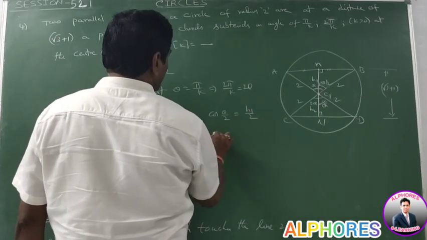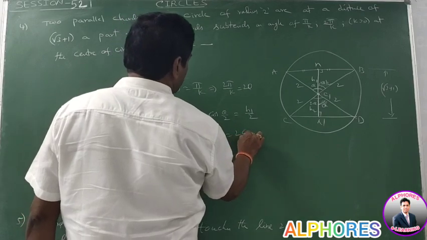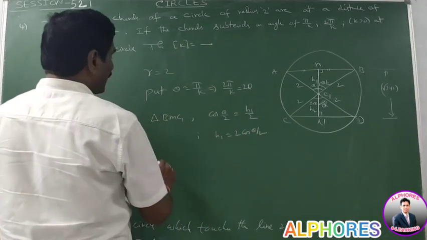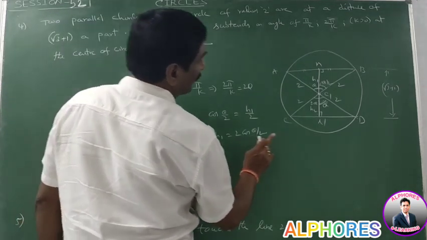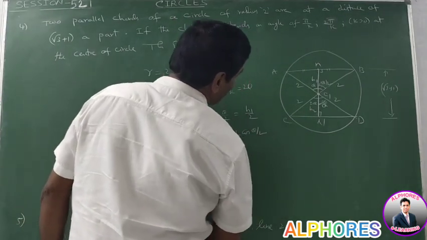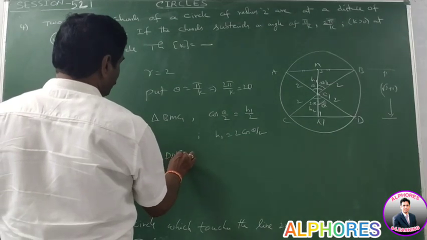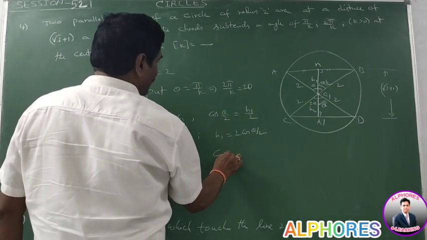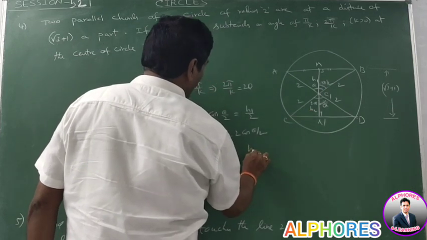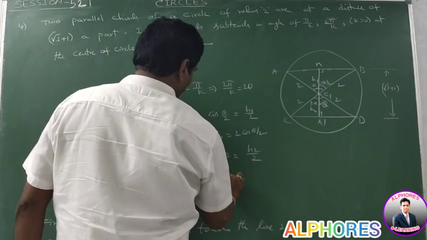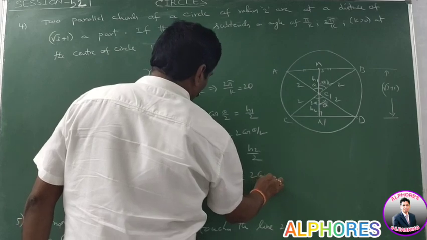That means H1 is equal to 2 cos theta by 2. Similarly, from triangle DNC1, cos theta is equal to the adjacent side H2 by 2. That implies H2 is equal to 2 cos theta.